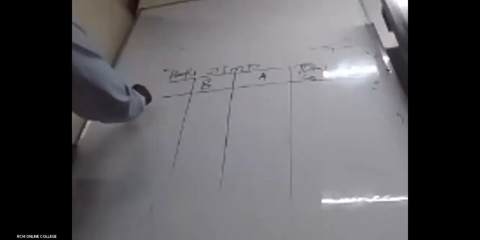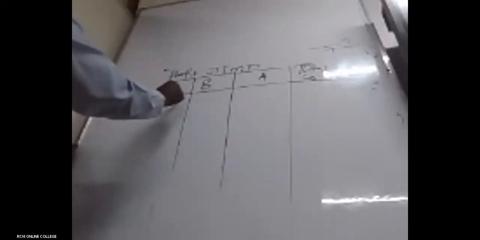Let's start with internal revenue. So internal revenue for B, how much? Remember we sold 20,000 internally. We sold 20,000 units internally.